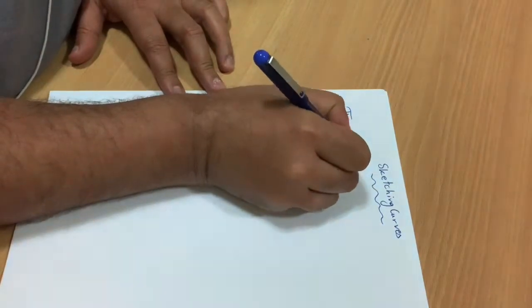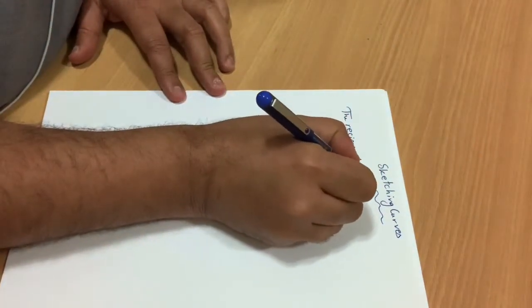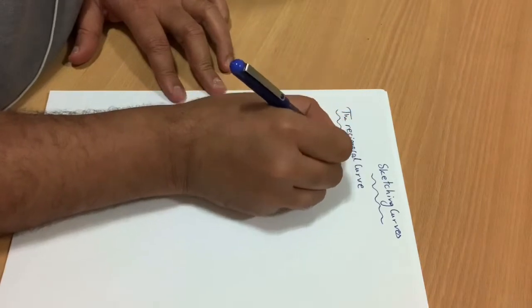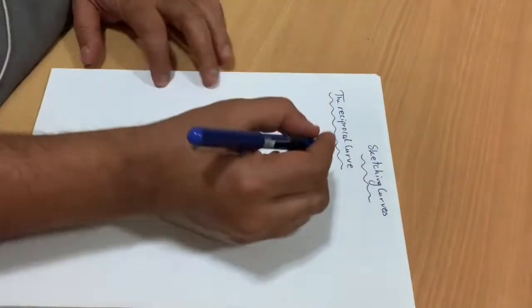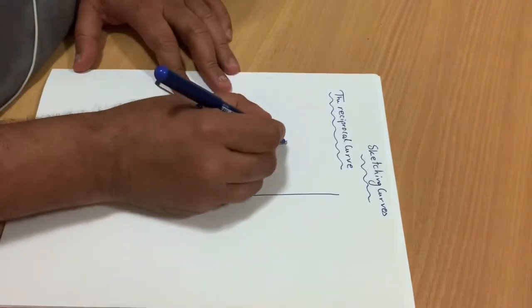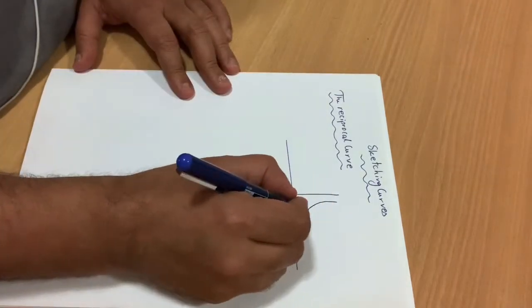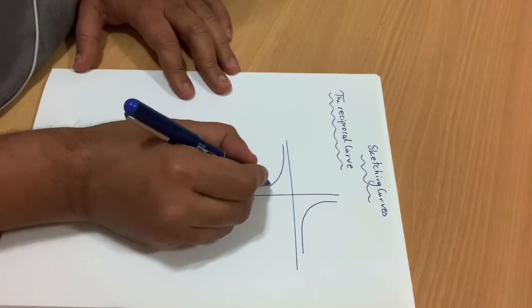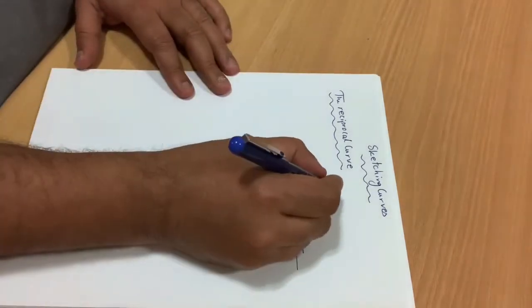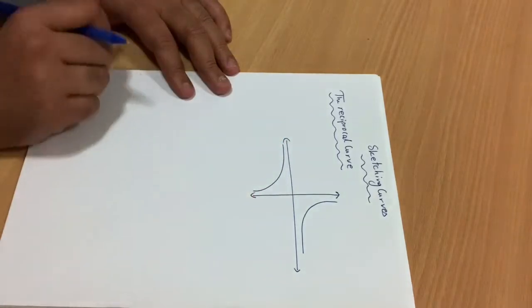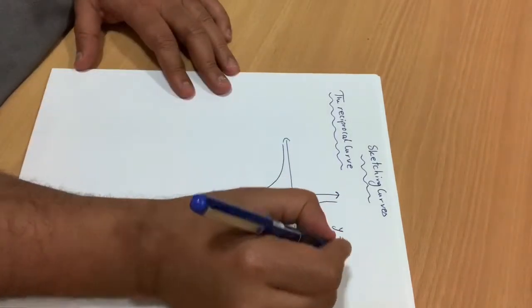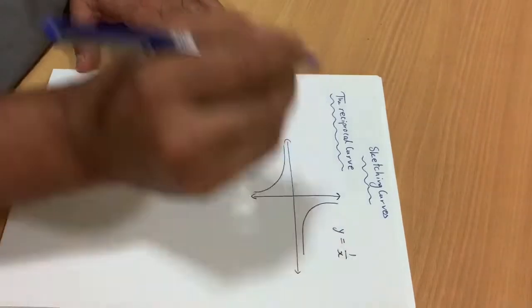The reciprocal curve has this shape, with the y-axis and the x-axis, and the equation of the reciprocal function is 1 over x.